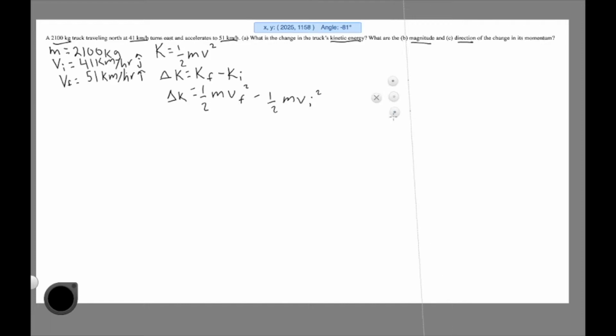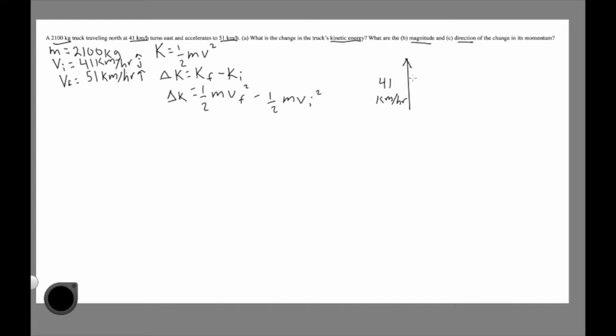The object is first going north at 41 kilometers per hour.